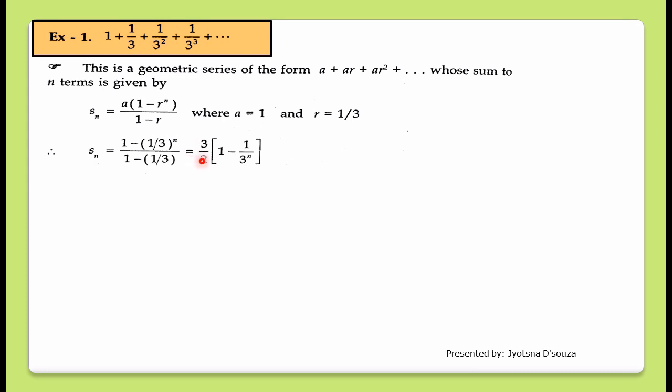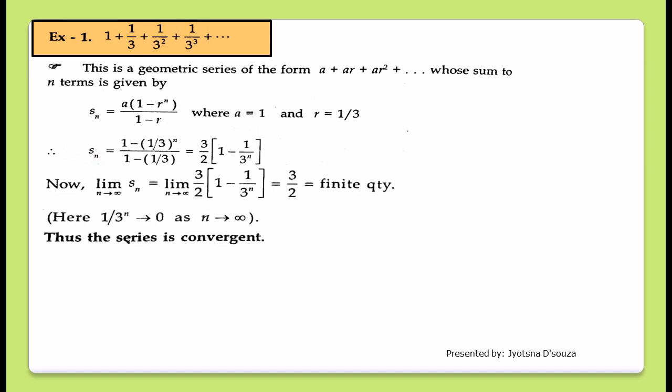Now we have to see the nature of the series, that is, whether the series is convergent or divergent. For which we have to take the limit of Sn, limit n tends to infinity. So let us now apply the limit. Limit n tends to infinity of Sn is equal to limit n tends to infinity of 3 by 2 into 1 minus 1 by 3 to the power n.